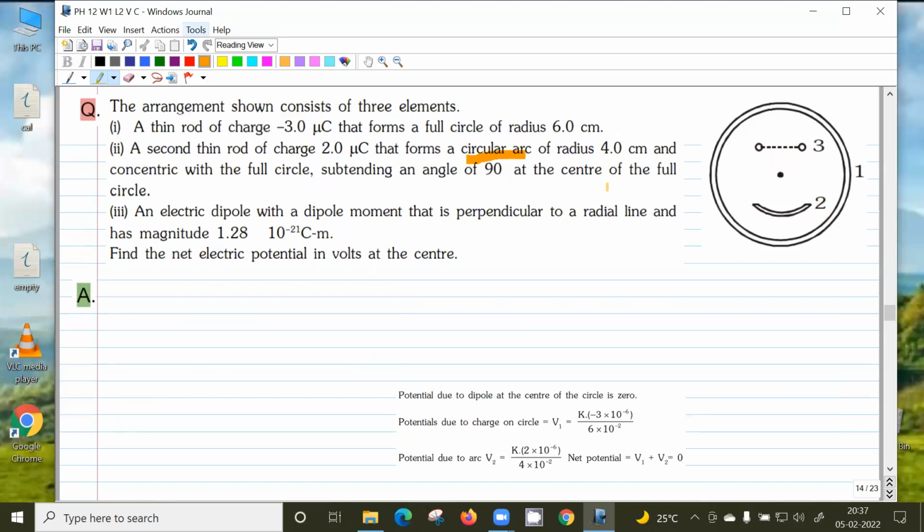It has a radius of 4 centimeters, so this distance is 4. And how much is this distance? 6. Okay. And this arc is a quarter, so this angle is 90 degrees.